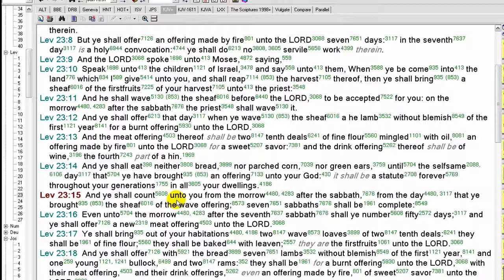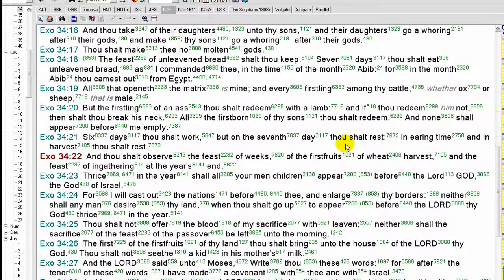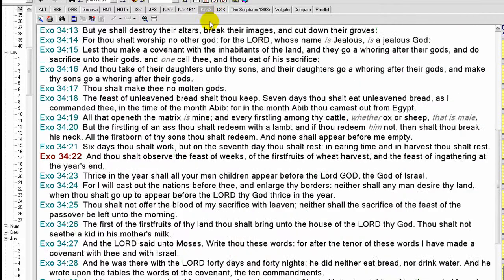And it is called the Feast of Weeks. Let's go on over to Exodus 34, verse 22. It reads, "And thou shalt observe the Feast of Weeks, of the first fruit of the wheat harvest, and the Feast of Ingathering at the year's end."